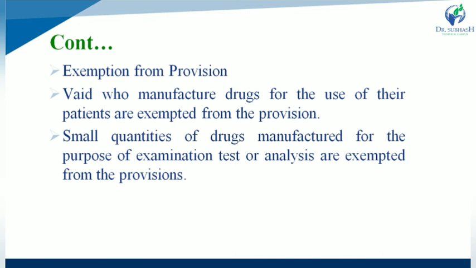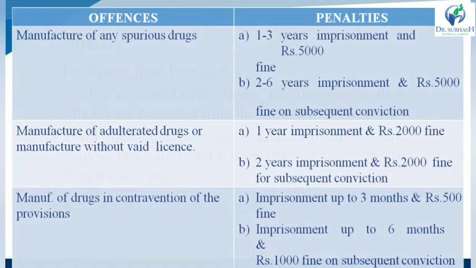So in two cases, drugs are exempted: first, a Vaid who manufactures drugs particularly for their patients; second, small quantities of drugs manufactured for examination, test or analysis. What are the offences and penalties?